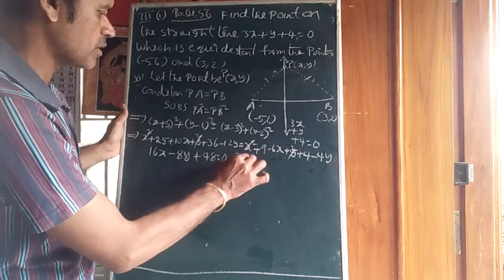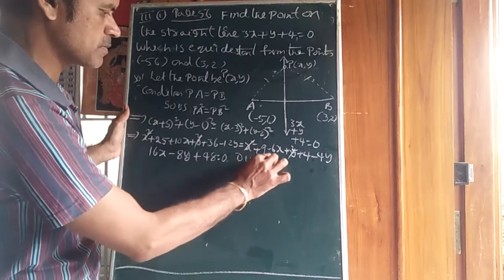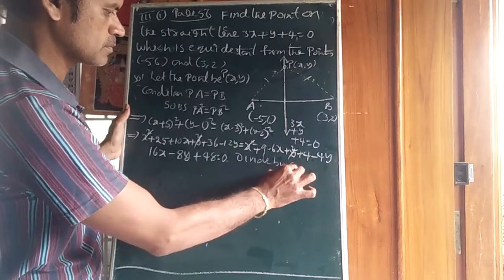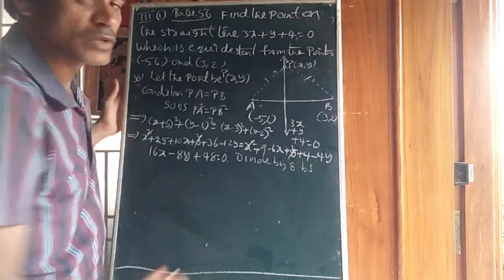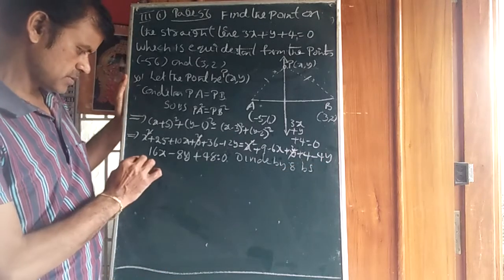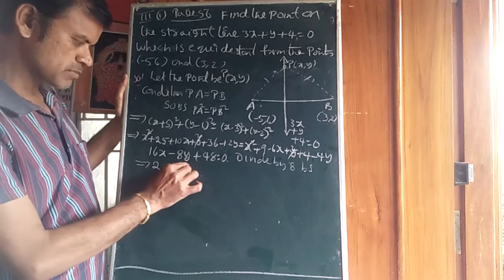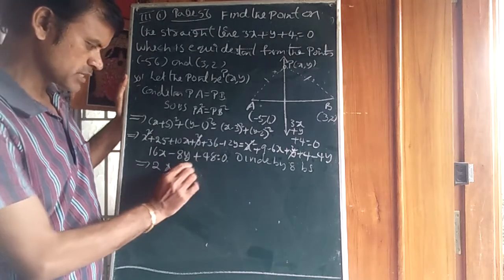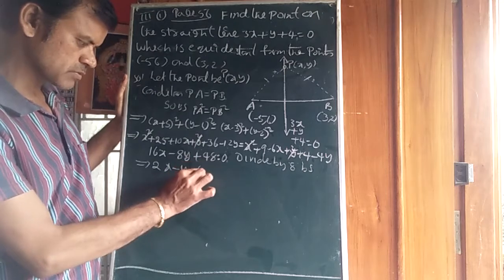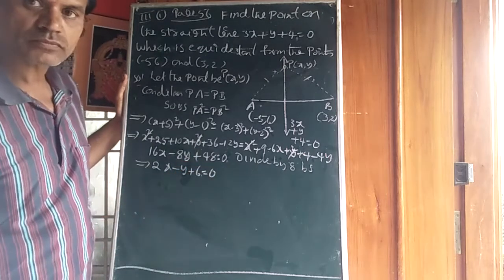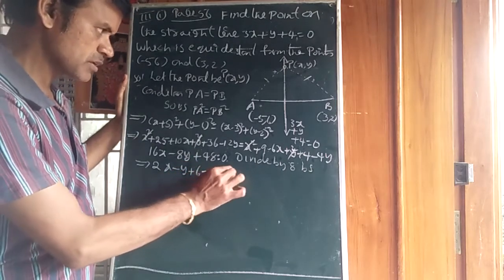Now take common, divide by 8 both sides. That implies 2x minus y plus 6 equal to 0. Let this be the first equation.